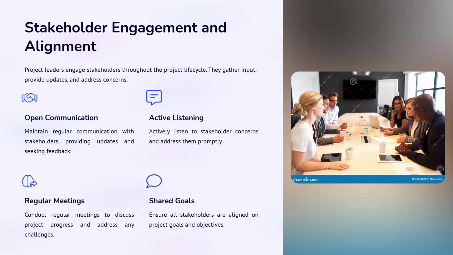Then again, active listening and conducting regular meetings with these stakeholders, either by phone or by mail or directly, meeting them in person or calling them for a meeting. So in whatever way they are comfortable with, the leader has to conduct regular meetings. So conduct meetings to discuss project progress and address any challenges. Share the goals. Ensure all stakeholders are aligned on project goals and objectives.